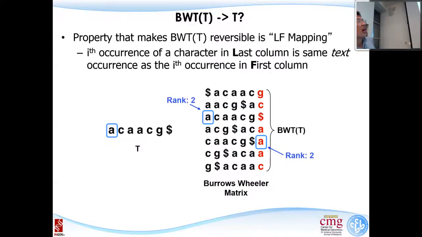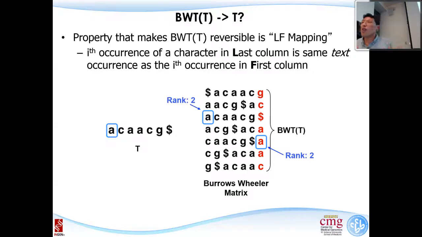So now what we do is we'll use this LF mapping rule. Don't worry about what that really means. But the general principle of this is the second A here corresponds to the second A here, or the first A here will correspond to the first A here. So the ith occurrence of a character in the last column is the same text occurrence as the ith occurrence in the first column.